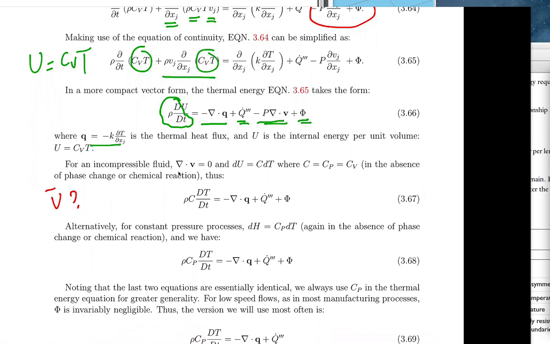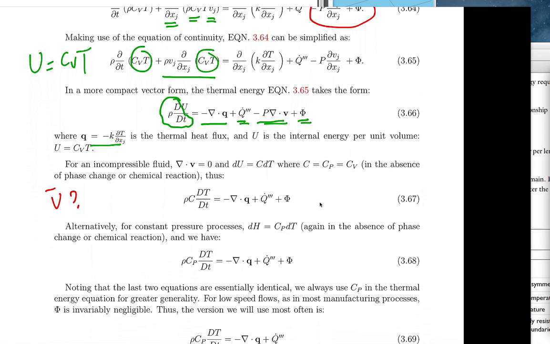However, if we assume an incompressible fluid, the divergence of v is equal to 0, and du, the internal energy increment, is C dT, where C is equal to C_P equal to C_V. We don't have phase change or chemical reactions, and therefore we get the final form of the equation in 367.